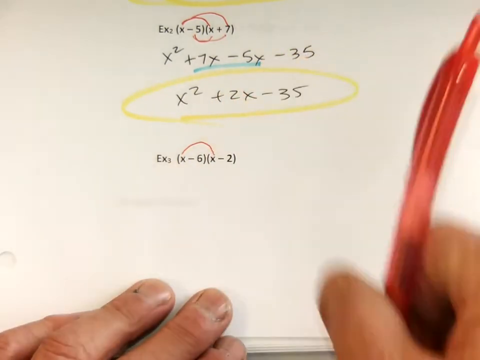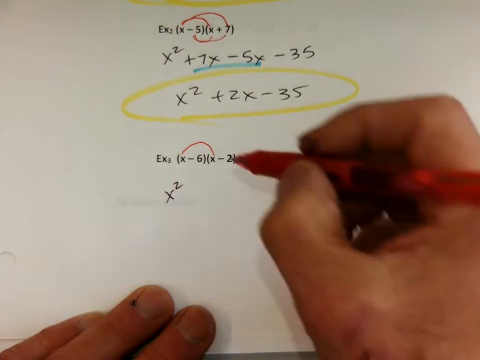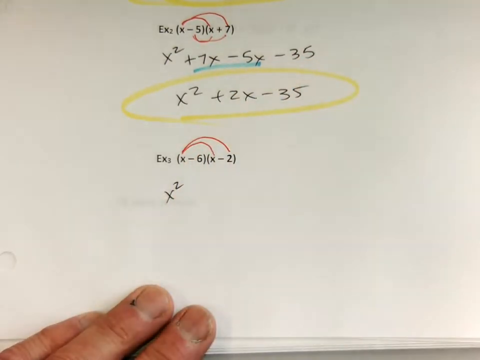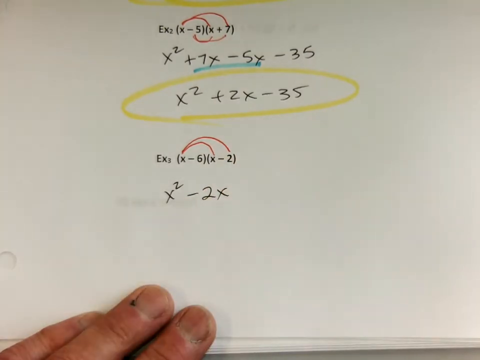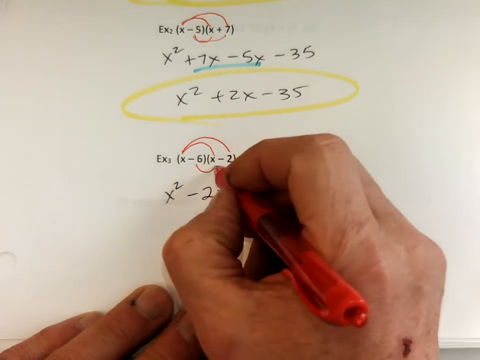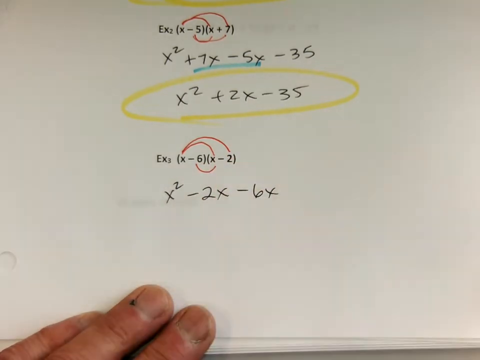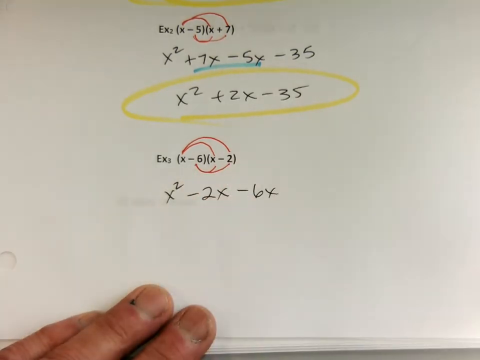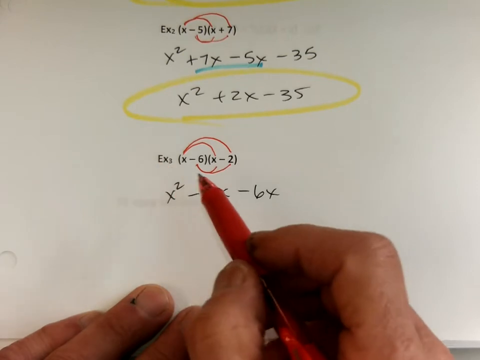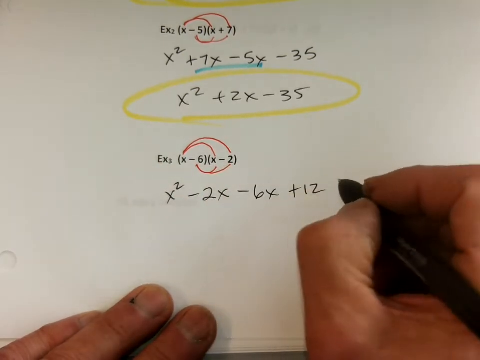X times x is x squared. X times negative 2 is a negative 2x. Negative 6 times x is a negative 6x, and a negative times a negative is a positive, so negative 6 times negative 2 is a positive 12.